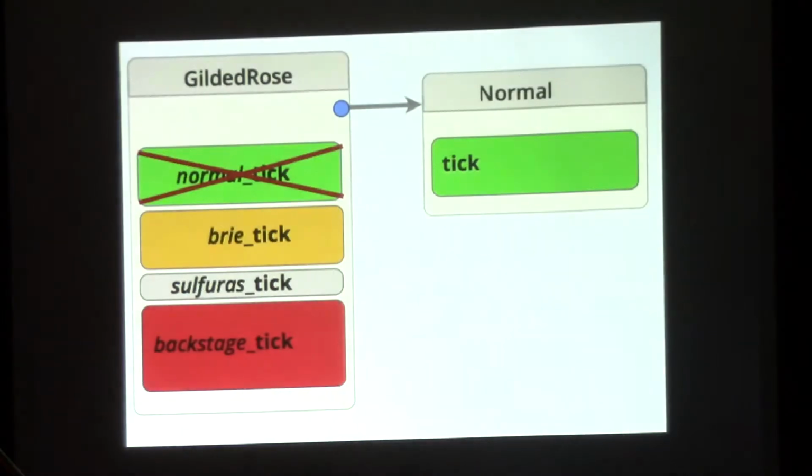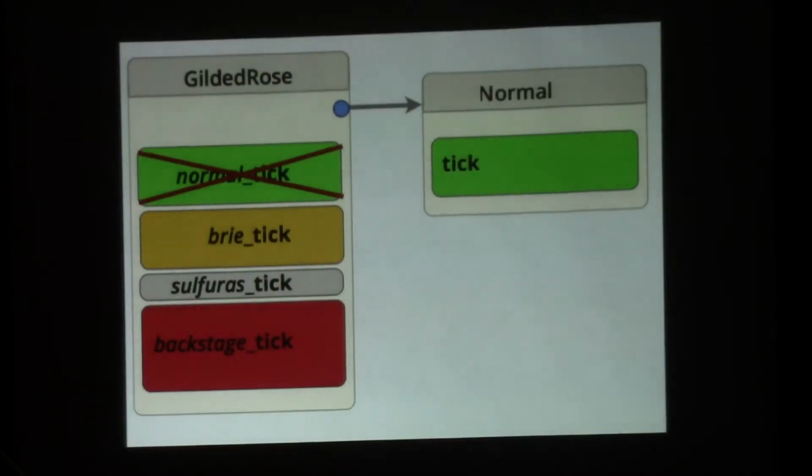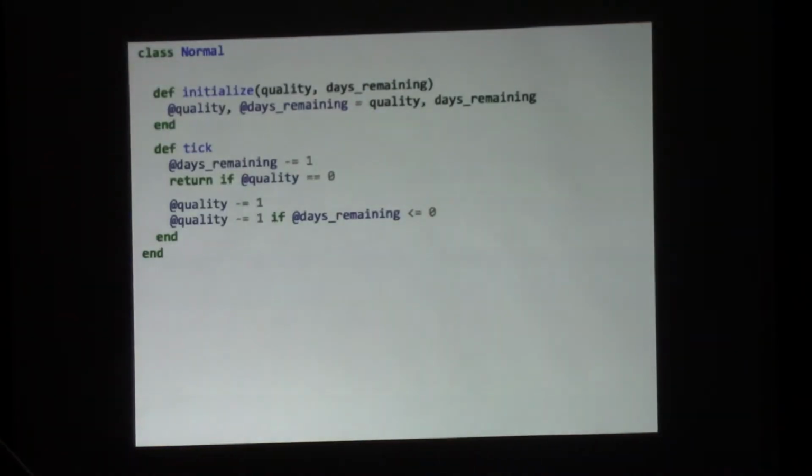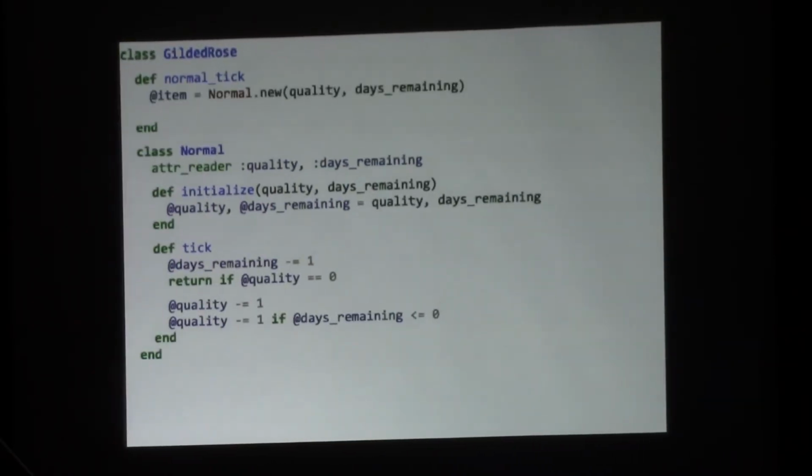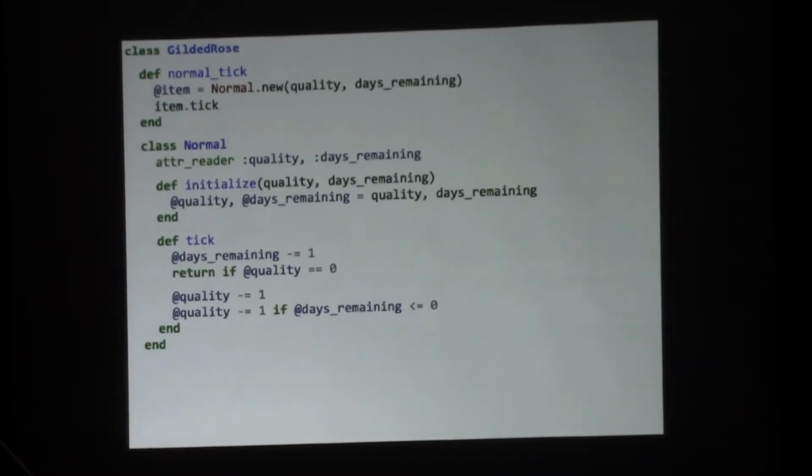So what I do, and this is actually what I think we can really do, is put those several items into their own particular objects. So I put in an initializer. Instead of the whole conditional, I just instantiate the normal class and then just run the item key.